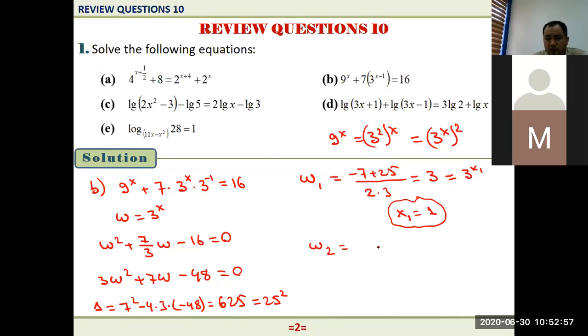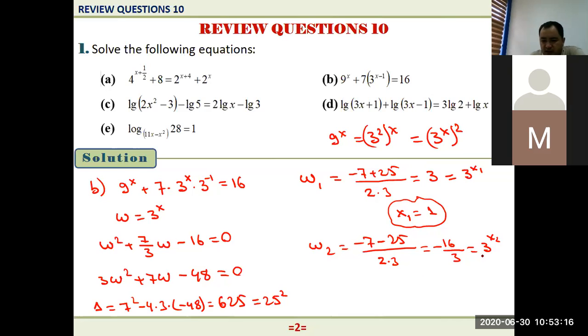Anyway, W2 equals negative 7 minus 25 over 2 times 3, which is equal to minus 32 divided by 2 times 3, that is minus 16 over 3, which is equal to 3 to the power x sub 2.